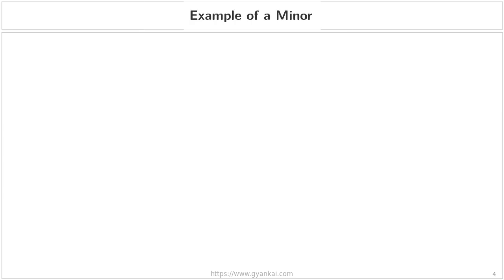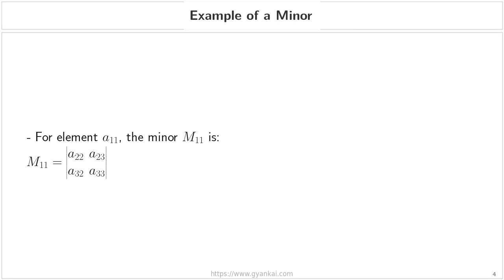Example of a minor. Now, let's put that theory into practice with a concrete visual. If we look back at the element a11, which is our top left element, and apply the deletion process we just discussed, we can see exactly what remains. By crossing out the first row and the first column, we are left with a smaller 2x2 matrix. We call this remaining piece the minor of a11, and we denote it as M11.